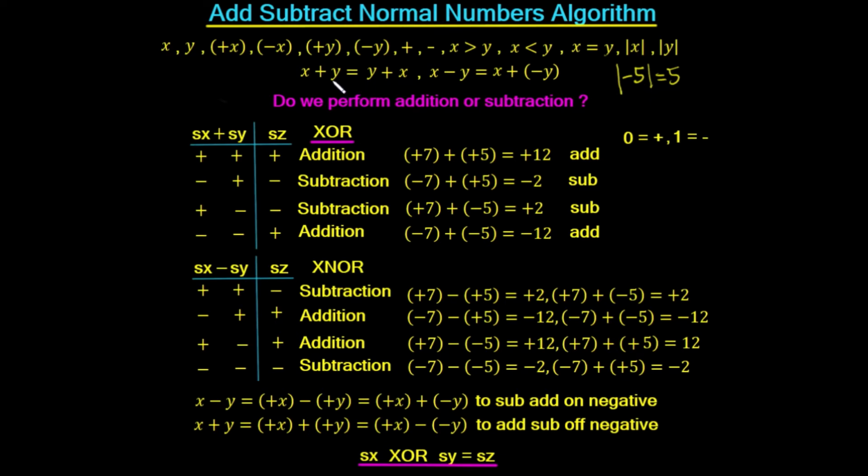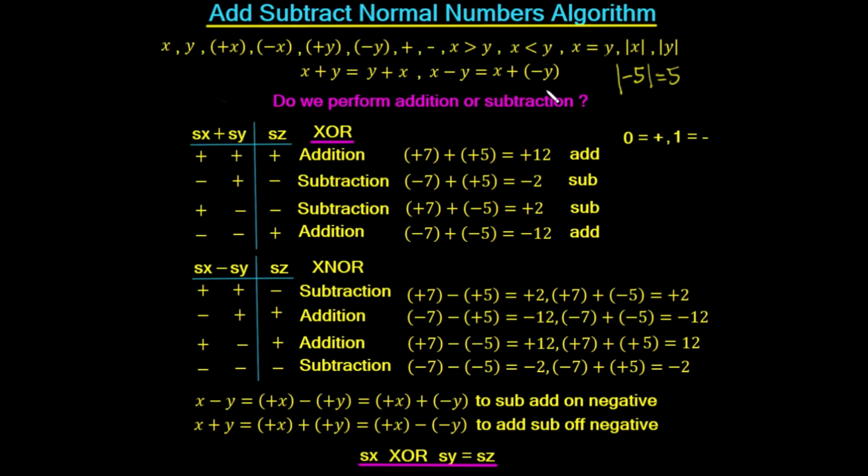Now, we're also interested in a couple of properties of the number system. The first is that addition is commutative. That is, if you were to add x plus y, that's the same as y plus x. So for example, 5 plus 7 is 12, and 7 plus 5 is 12.